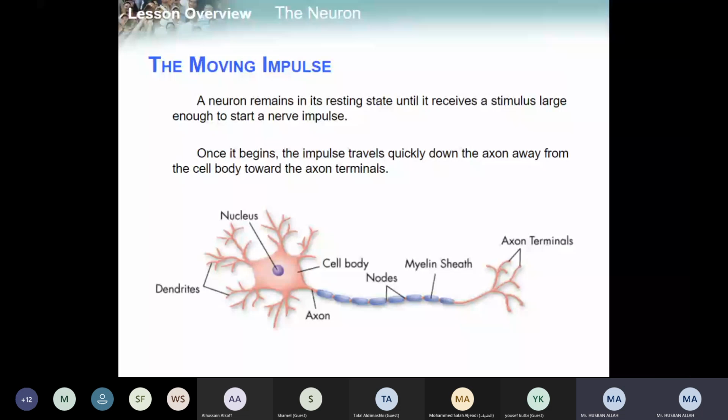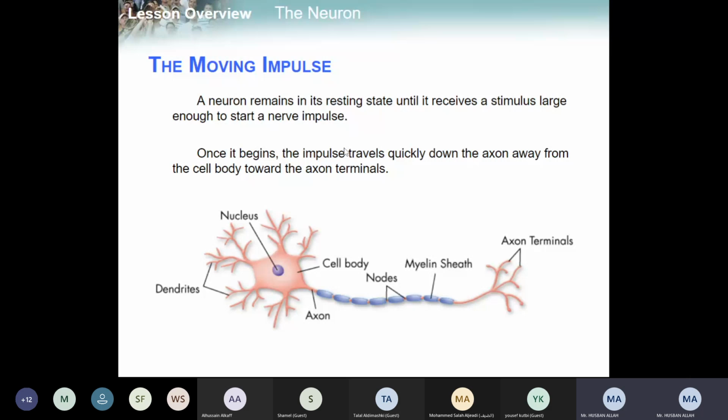As I told you at the start, an impulse can be generated either by the environment or by another neuron. The neurons present in our body, or in any animal body, remain in the resting state until they receive a stimulus large enough to start the nerve impulse. The stimulus comes from two sources, either the environment or the neighboring neuron.